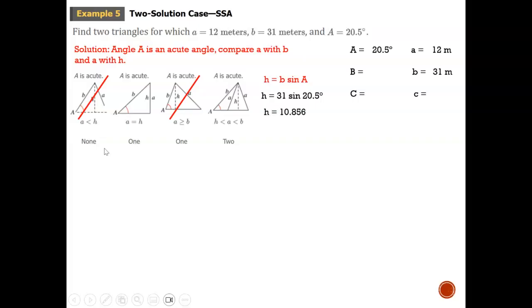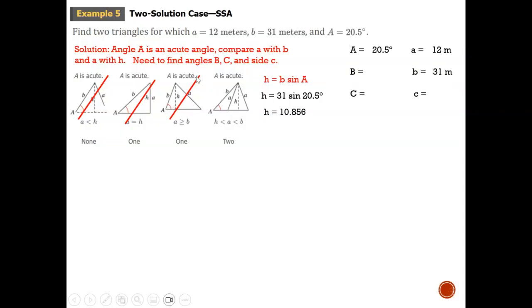A equals H? That's not true, because H is equal to 10.856 and A is equal to 12, so that's not it. So if you notice, guys, A is between H and B, right? Because H is 10.856, A is 12, and B is 31, so it's going to be two triangles.